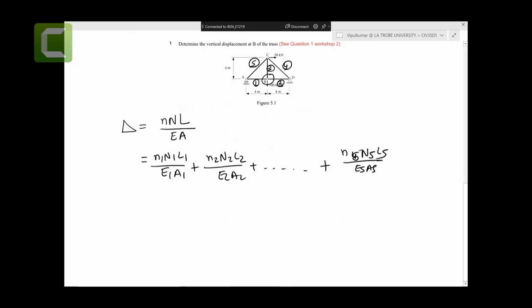Now, there are two things that we are working on. One is the virtual system. Let's see what this n is. Small n is the internal axial force in the virtual system.